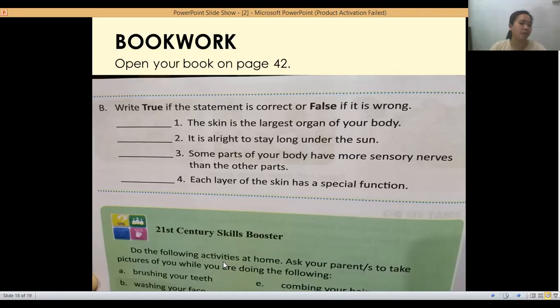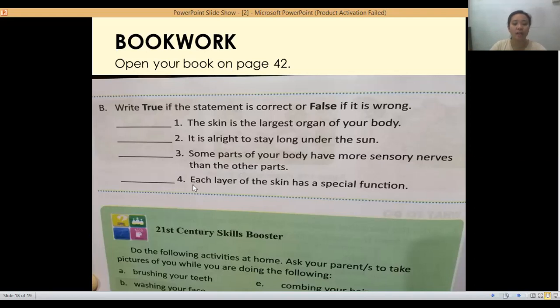So now for number 3, some parts of your body have more sensory nerves or nerve endings than the other parts. True or false?